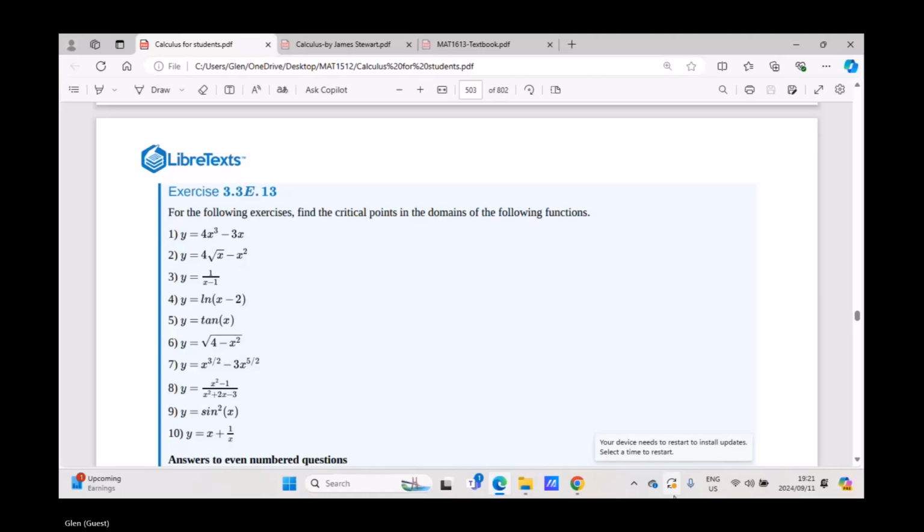So I see where I went wrong. I had 2x minus 1 in my derivative. I made a serious error there.